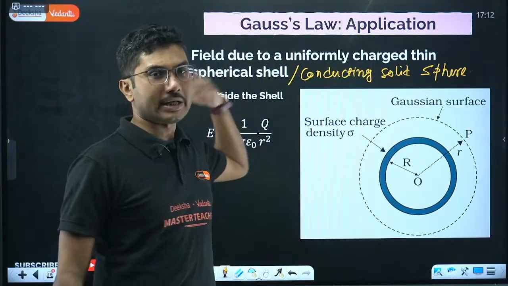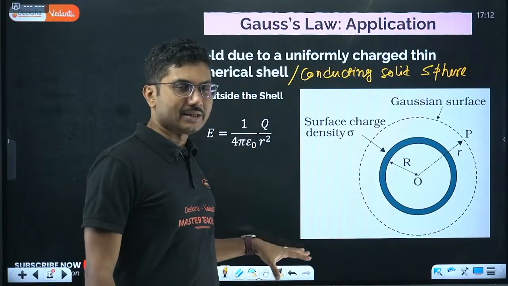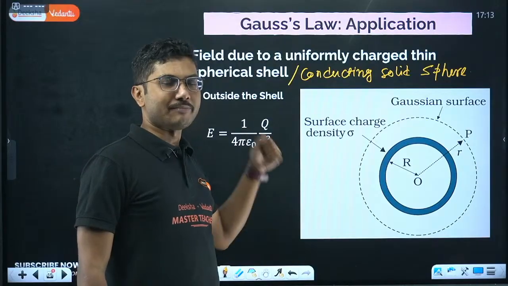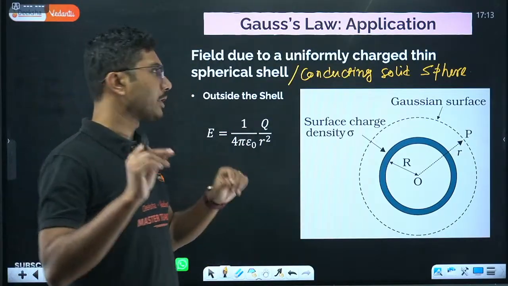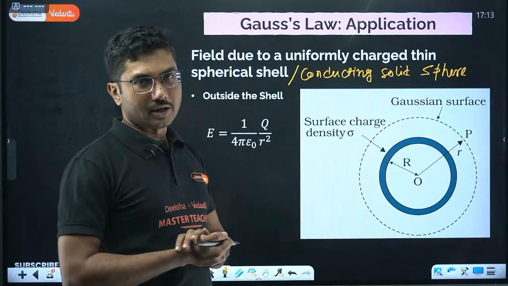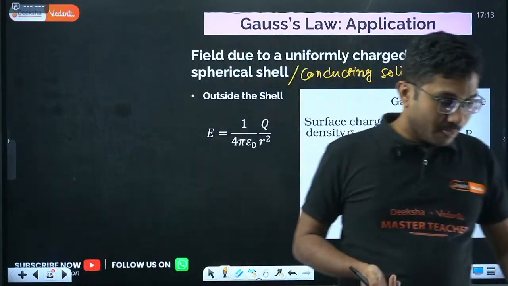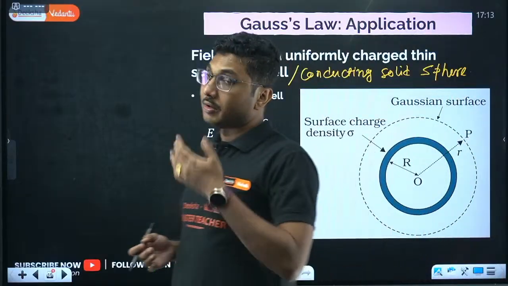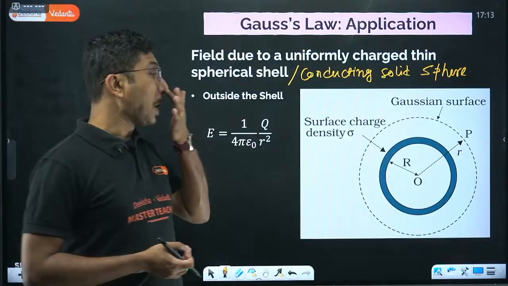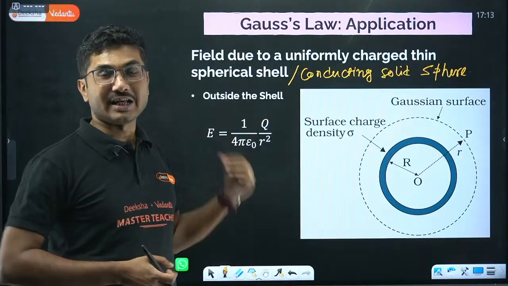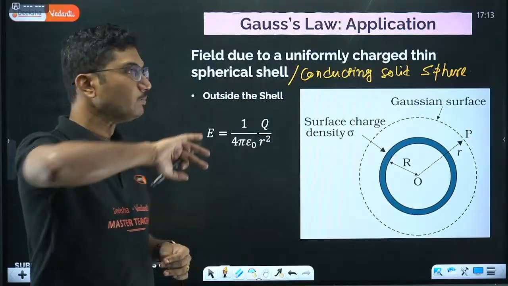Whatever formulas and calculations we have derived in this chapter, the same formula can be used for a conducting solid sphere. So don't get confused between shell and sphere. You might say, sir, you have taught shell only, why do we have to solve for a conducting sphere? Don't worry, a conducting solid sphere and a shell both have the same equation.